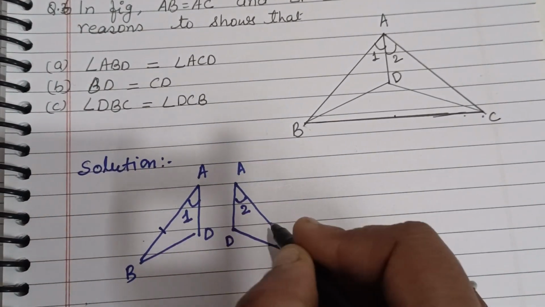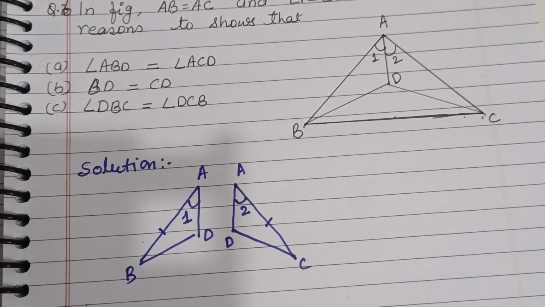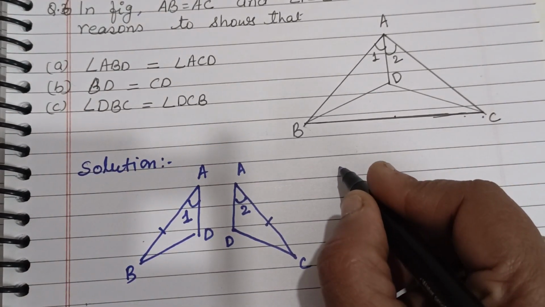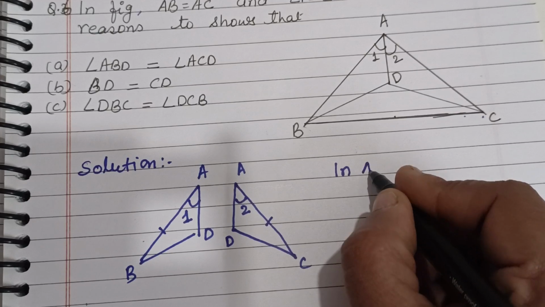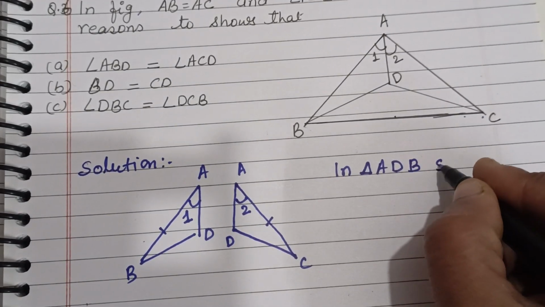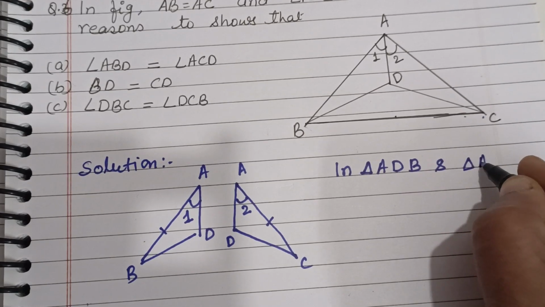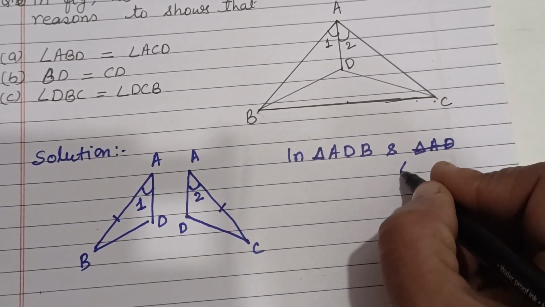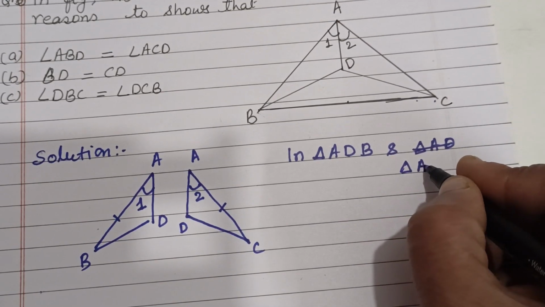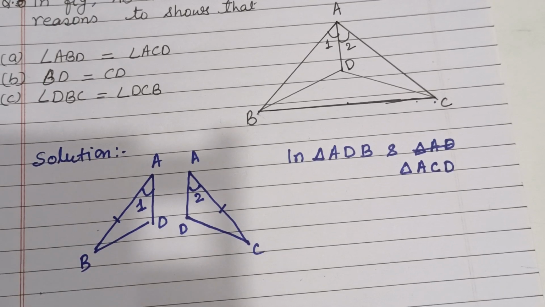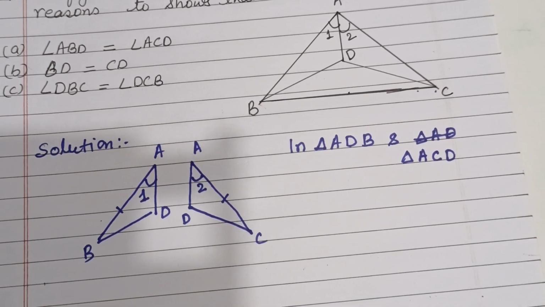Here this is equal to this. It is already given in the question. So at first write down in triangle ADB and triangle ACD. Okay, these are the two triangles about which we are talking.